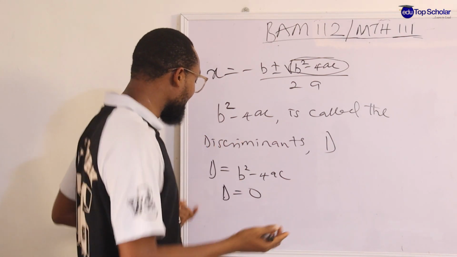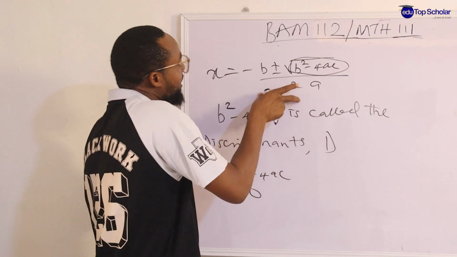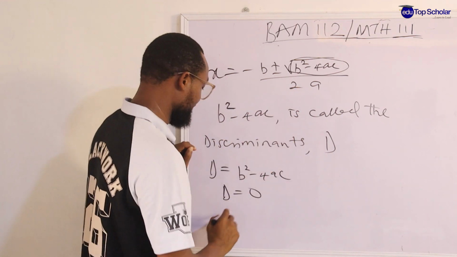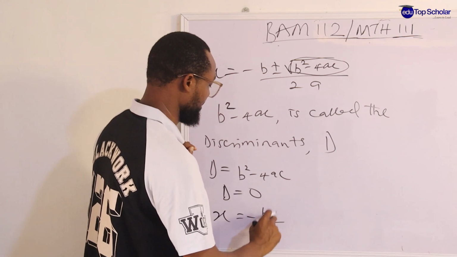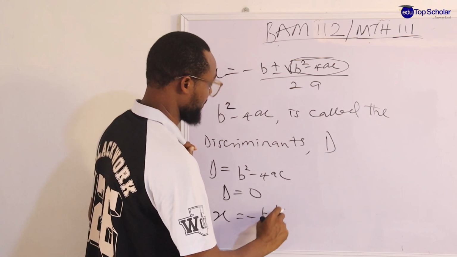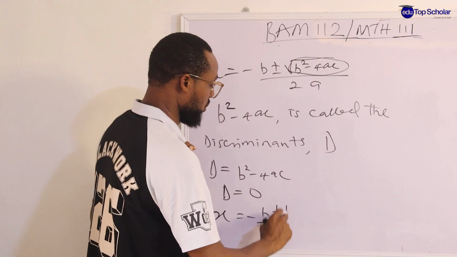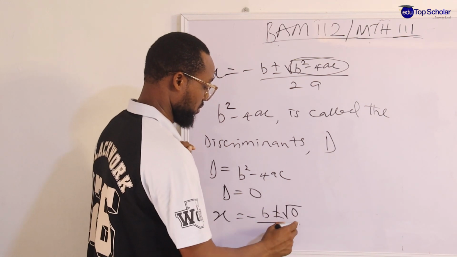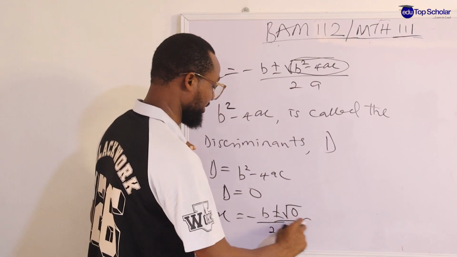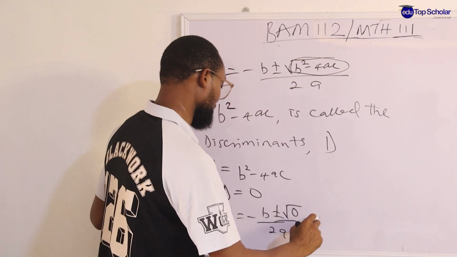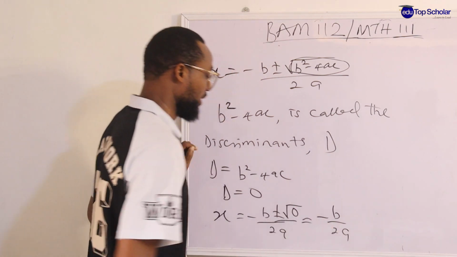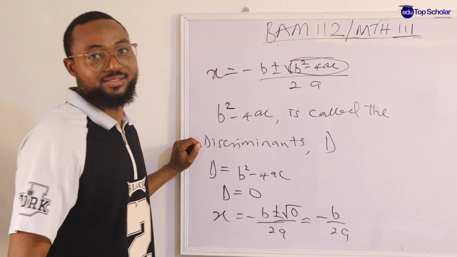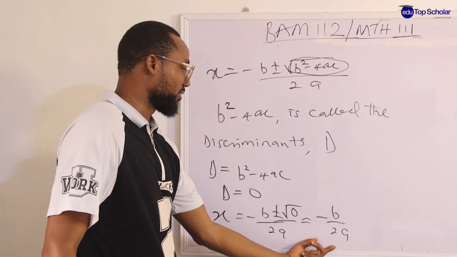This implies that in this formula, we will have x equals minus b plus or minus root 0 over 2a, which implies that we have minus b over 2a twice. This will be our solution.